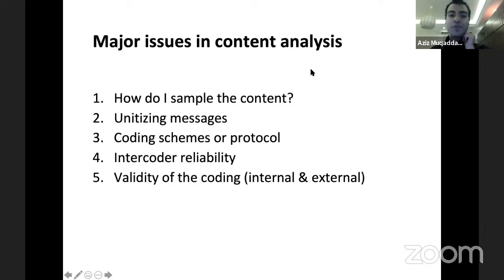So, issues with content analysis. In order to ensure that content analysis is done correctly and is reliable and valid, there are five issues that can be addressed via the steps of content analysis. They are about the sampling of the messages, the unitizing of the messages, the coding scheme or protocol, intercoder reliability, and validity.